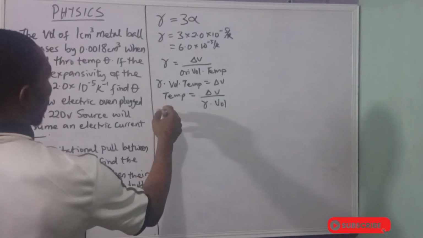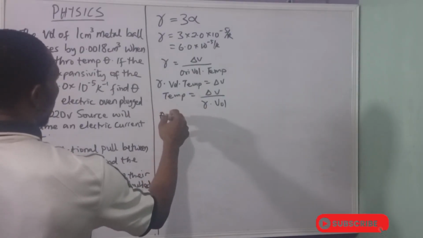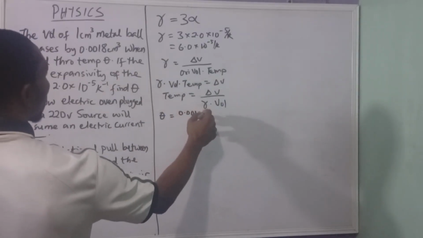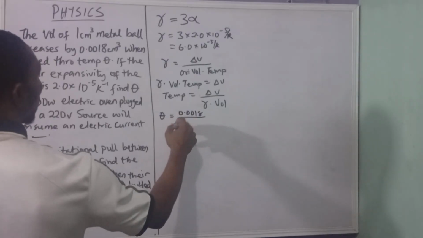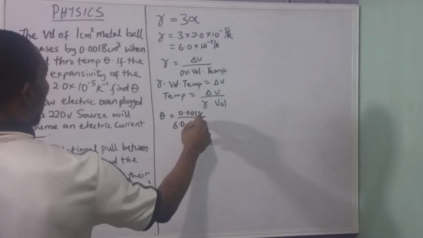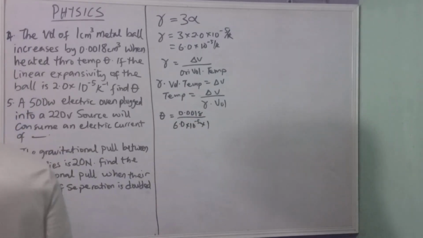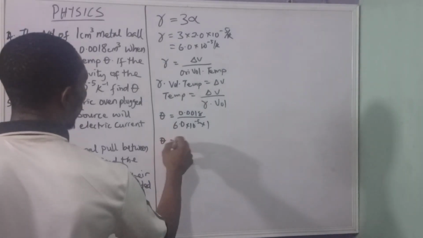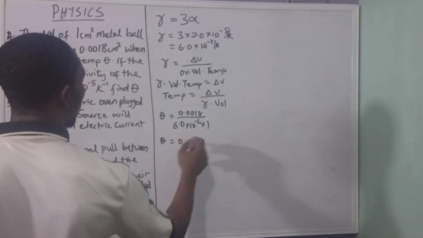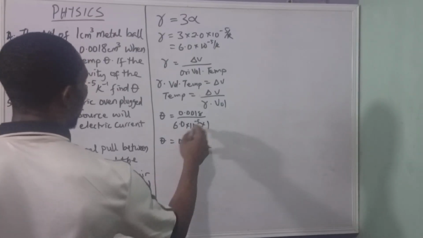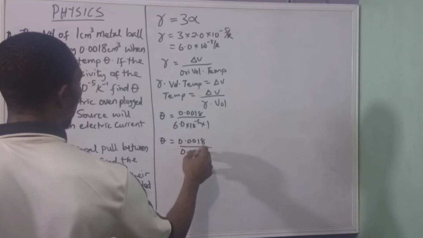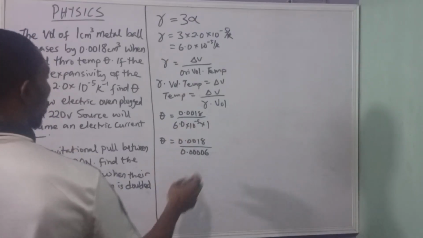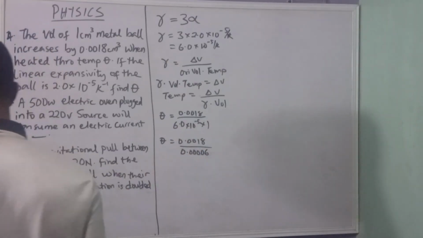So here our temperature, theta, would be change in volume, 0.0018, all over 6.0 times 10 raised to the power minus 5 times 1. So this gives us theta to be 0.0018 all over 0.00006.